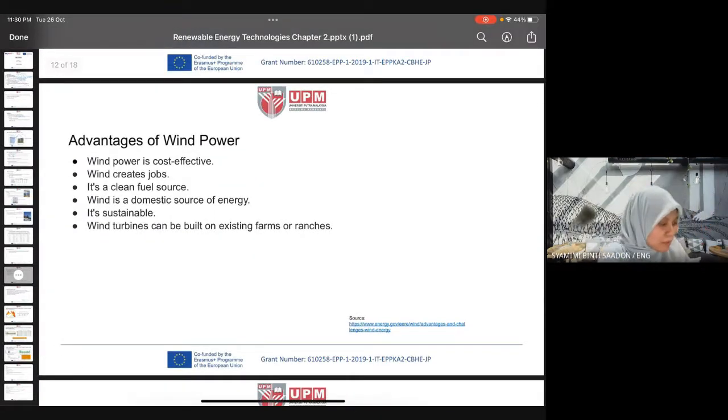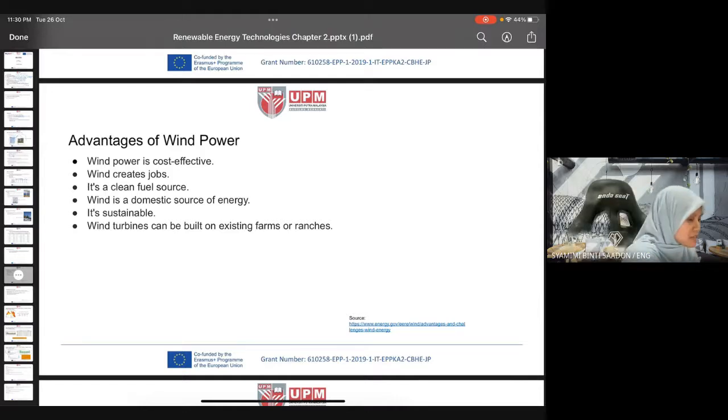Advantages of wind power. These are some of the advantages of wind power. One advantage is that it is cost effective. For example, the land-based wind turbine just now is one of the lowest cost energy sources available today.